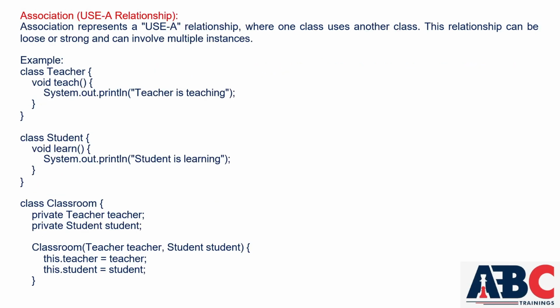Next is association, the uses-a relationship. Association represents a uses-a relationship where one class uses another class. The relationship can be loose or strong and can involve multiple instances. So class Teacher has the method teach, and Student has a method like learn.